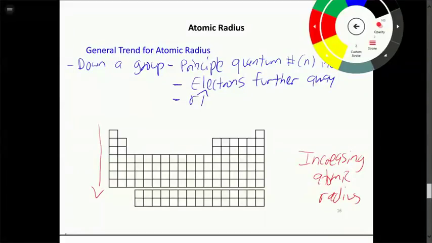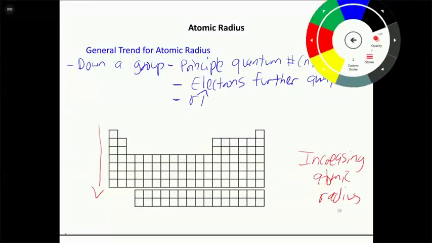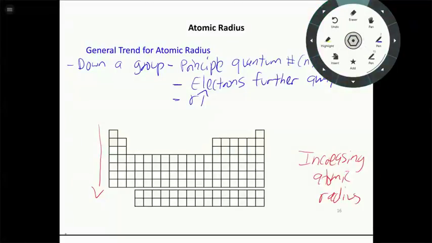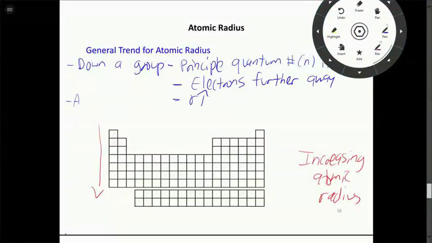So if you look at two elements that are right on top of each other, let's say hydrogen and lithium, lithium is below hydrogen, so lithium would be expected to be larger than hydrogen if you're comparing two that are in the same column. Now if we go across a period, left to right on the periodic table, that's the other direction we can move on the periodic table. So as we go left to right, the effective nuclear charge increases because we're adding more protons to the nucleus.